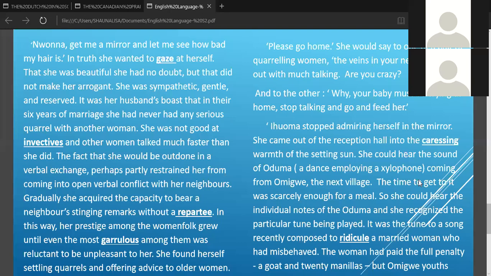Gradually she acquired the capacity to bear a neighbor's stinging remarks without a repartee. In this way, her prestige among the women folk grew until even the most garrulous among them was reluctant to be unpleasant to her. She found herself settling quarrels and offering advice to older women.